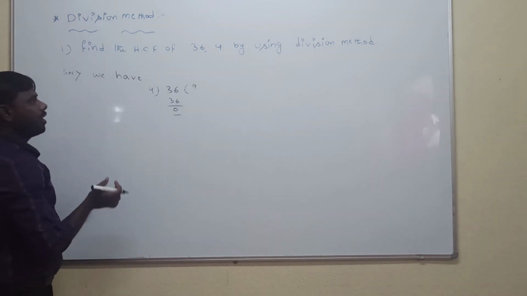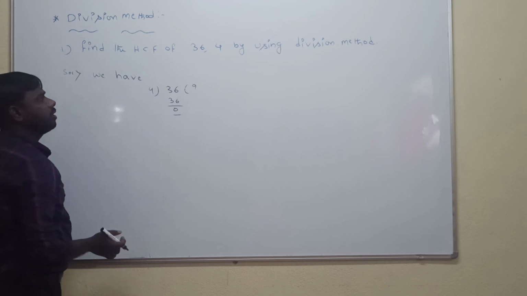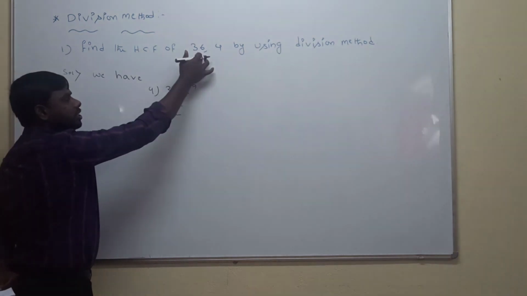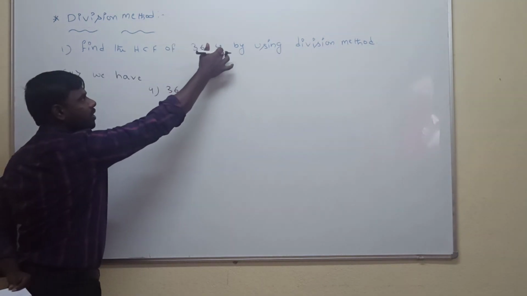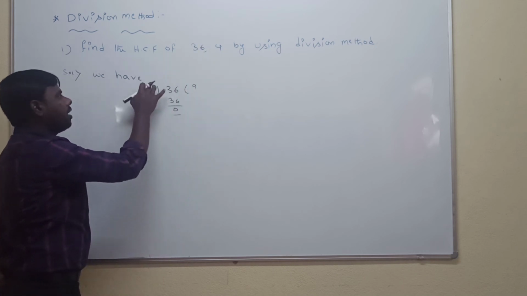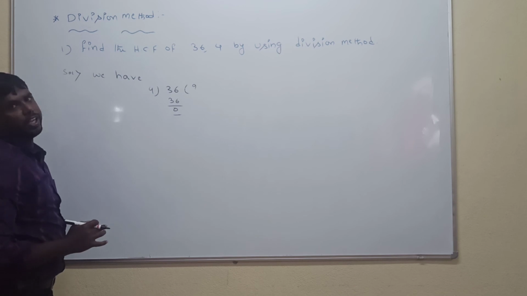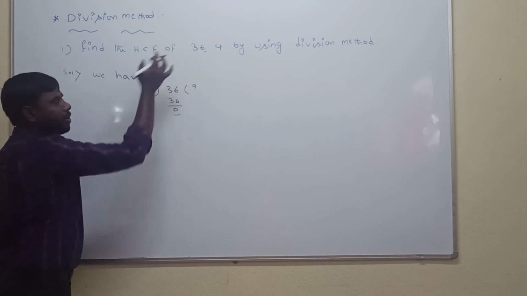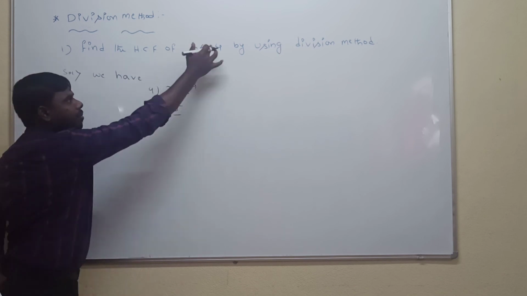So what is the condition for the division method? Divide the largest number by the smallest number until the remainder is 0. Then the last divisor is called HCF. Here the largest number is 36, the smallest number is 4.